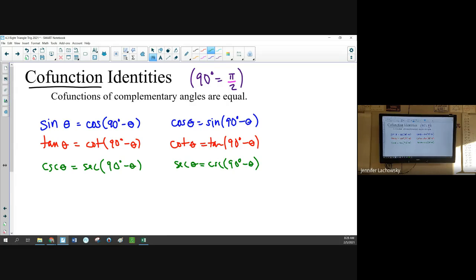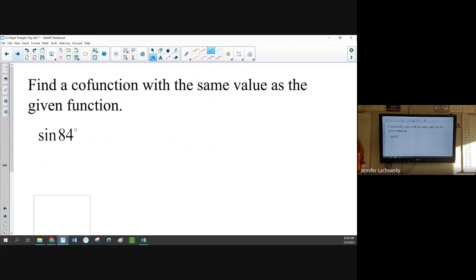I would use that one and write your identities on the back because we're going to have over 20 identities over the course of the next few weeks. I'm just talking about in general, over the course of trig. You're going to learn quite a few.